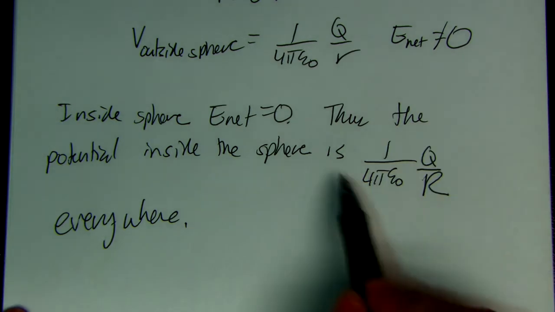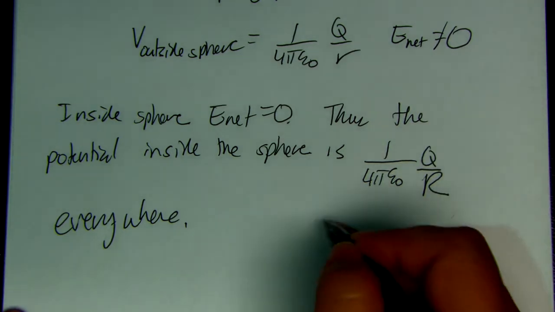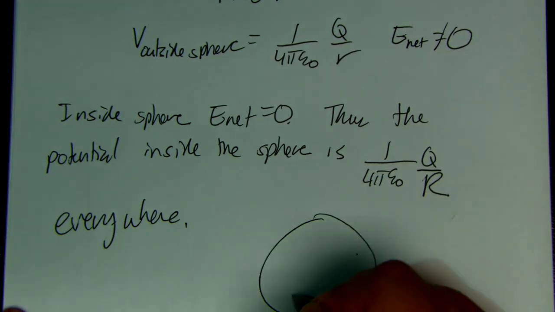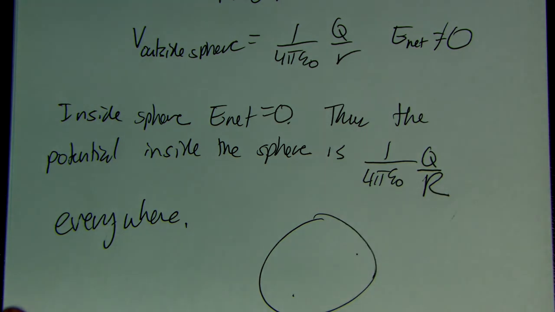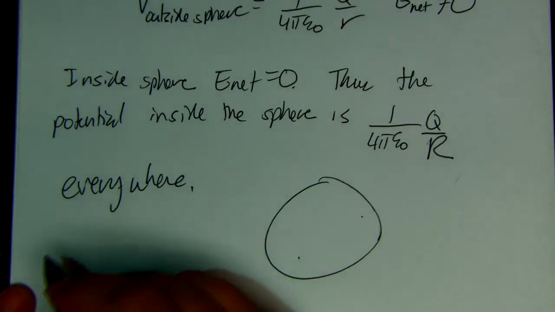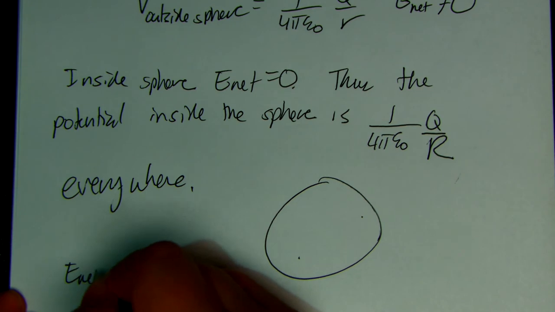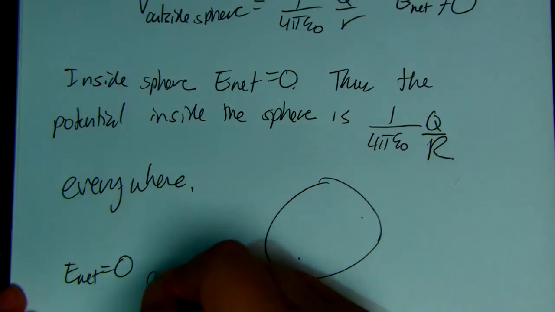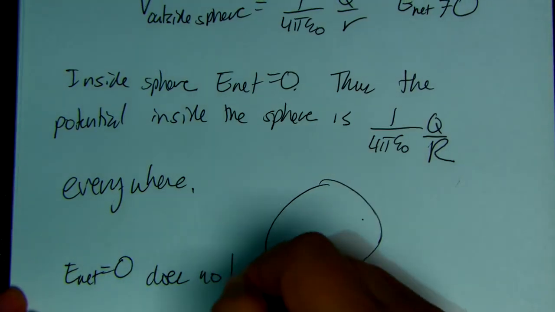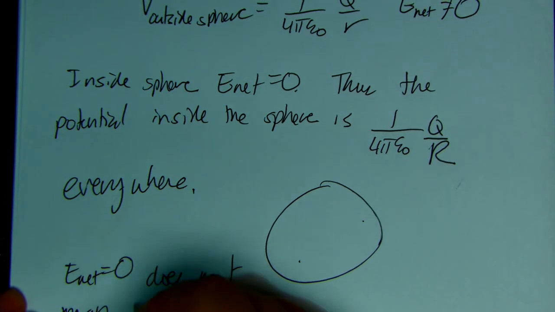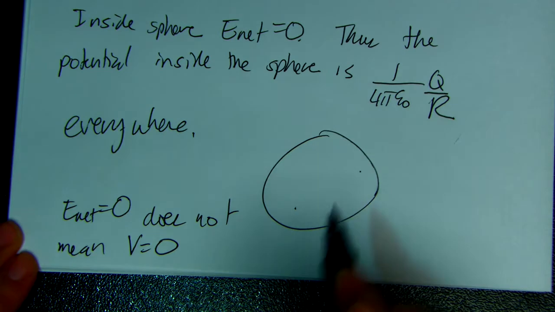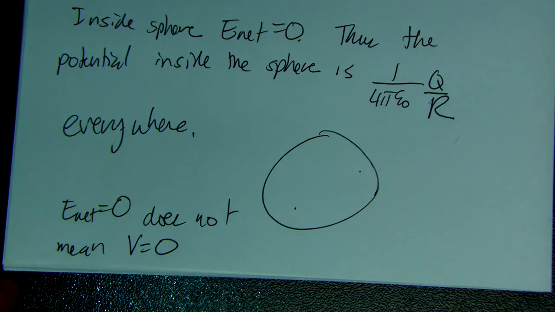So everywhere you go within this sphere, whether you are here or here, this is your potential. So now we have shown that E net being equal to 0 does not mean V is equal to 0. The potential inside of the sphere is non-zero.